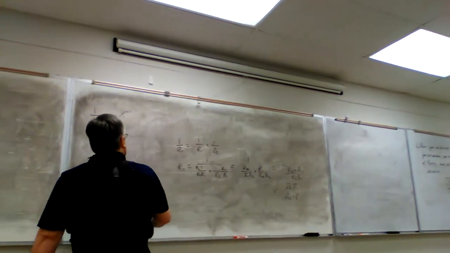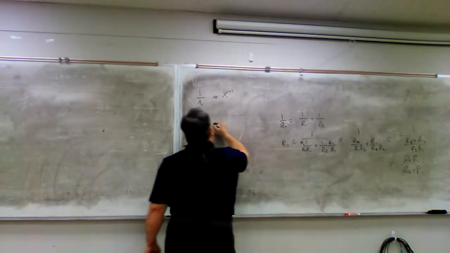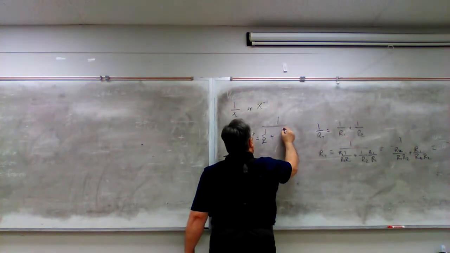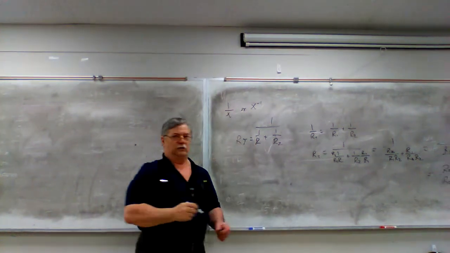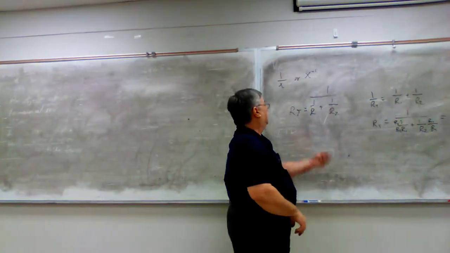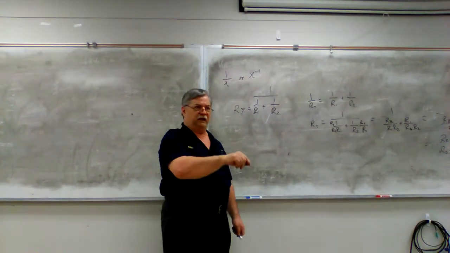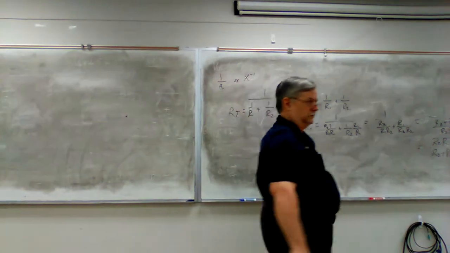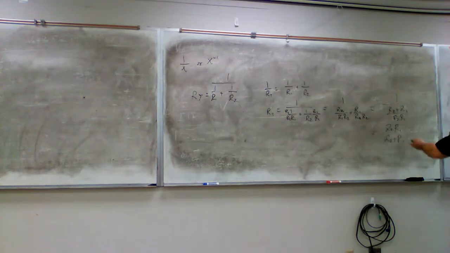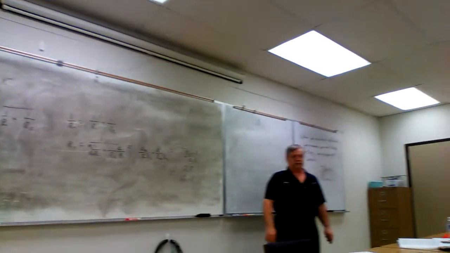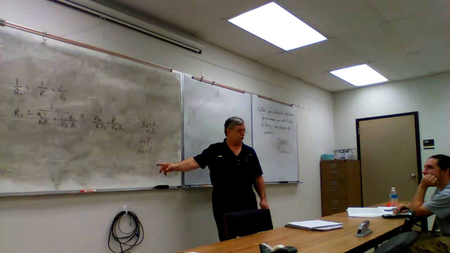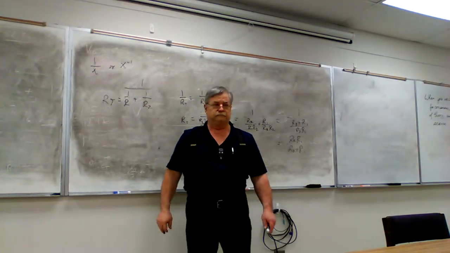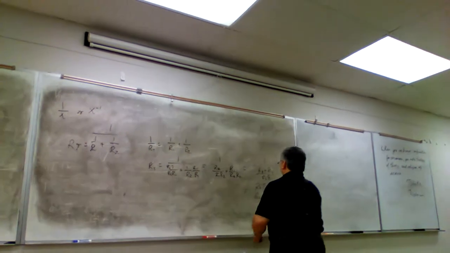If you calculate it the other way, you key in the value of R1 reciprocal plus the value of R2 reciprocal equals reciprocal, and you're done. This simplification actually takes longer to calculate on your calculator than just taking the reciprocal of the sum of the reciprocals. So I just wanted to point that out to you.